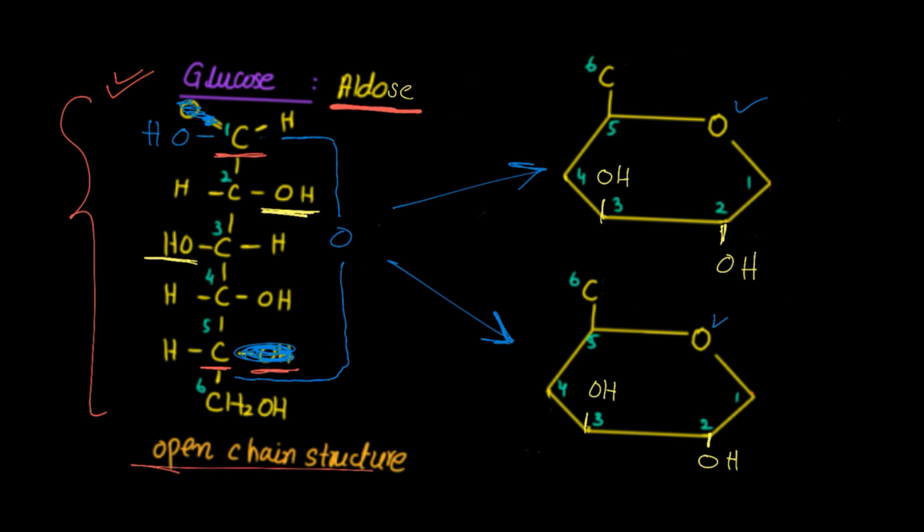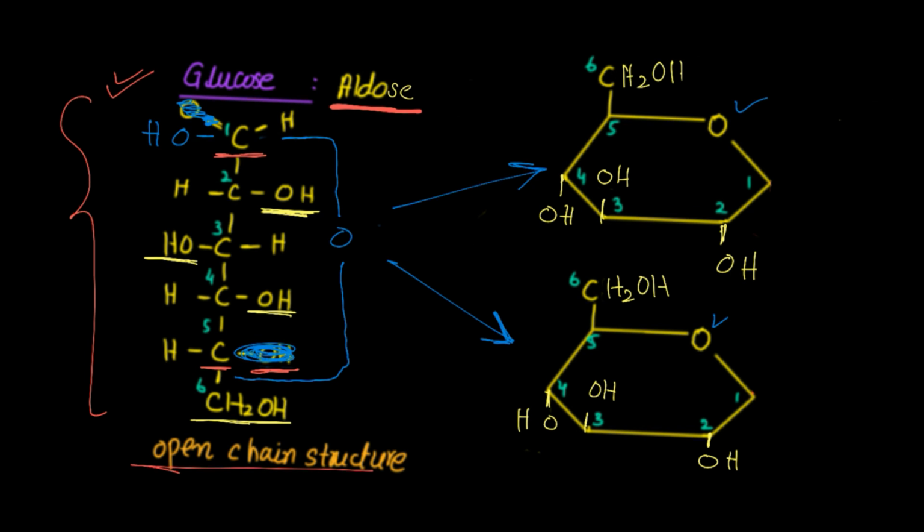The 4th carbon, we have this in the right side, let's make that below the ring, and similarly here below the ring. Okay, let's move on to carbon 6. We have CH2OH. Okay, carbon 6 is always placed above the ring, CH2OH, and here also CH2OH.